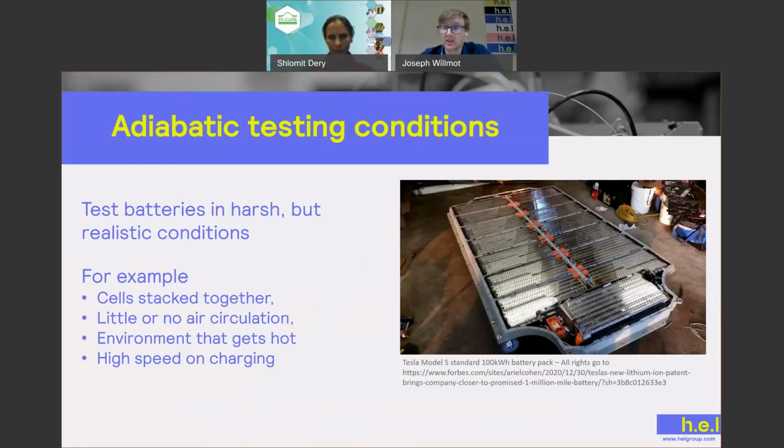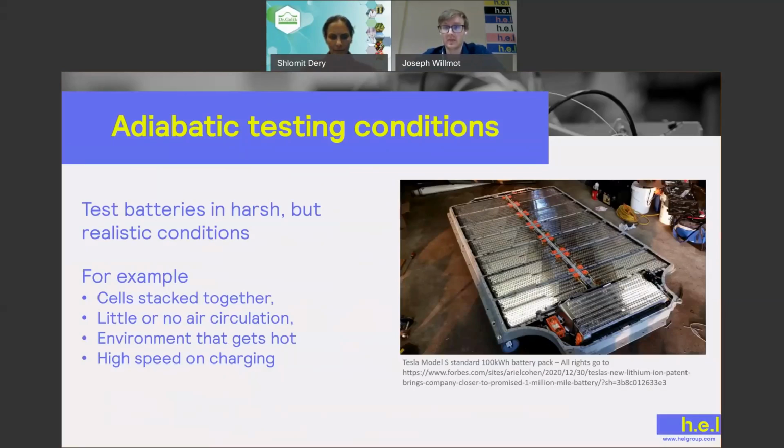Electric vehicles are essentially the perfect storm for cells. If, let's say, the thermal management system failed, well then, as you can see with the picture of the Tesla battery pack, I've got a lot of cells in one place. I've got an extremely high capacity. I've got lots of energy.